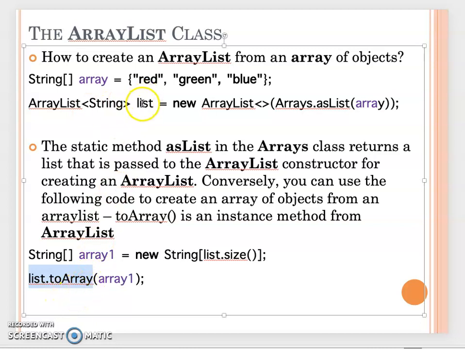So I convert this ArrayList to an array. But one thing is, before you do that, you need to create one array, the string array, first. Then it will copy the content from the ArrayList to this array. So you can easily convert between an array and an ArrayList, or an ArrayList to an array.